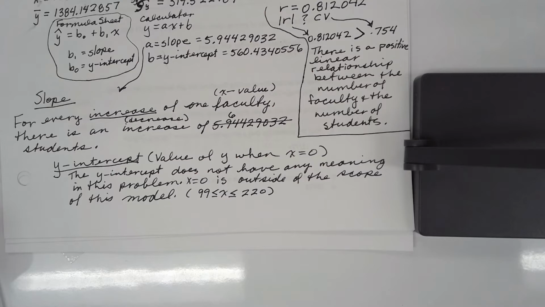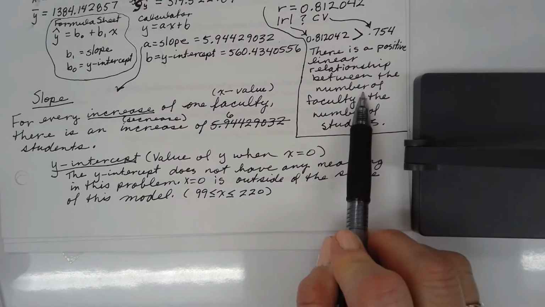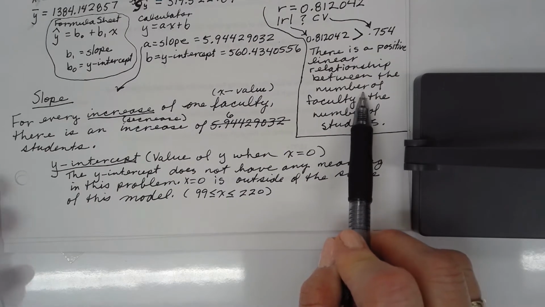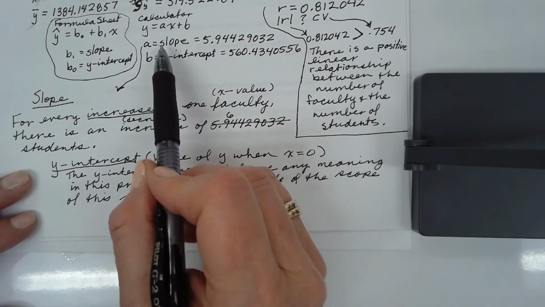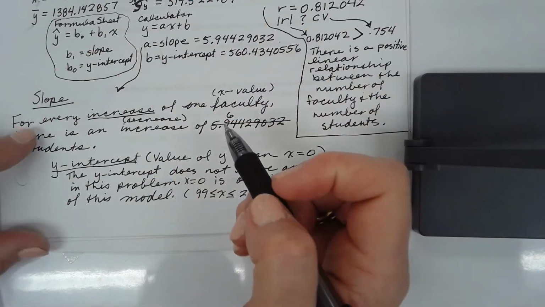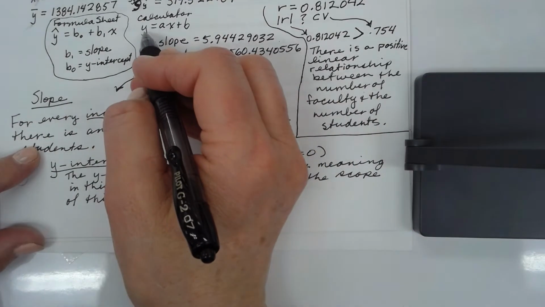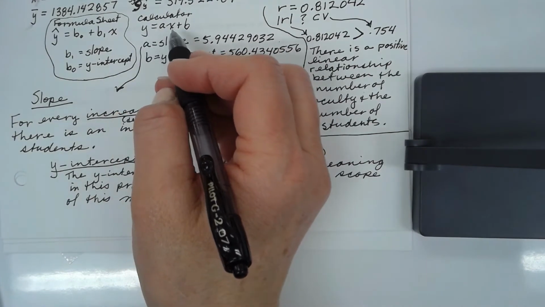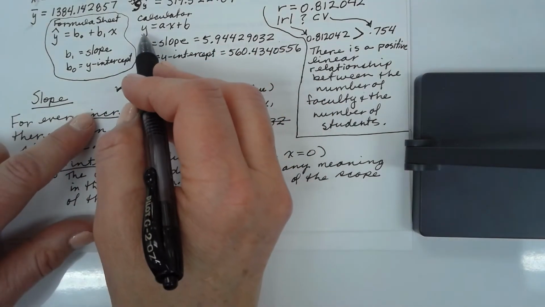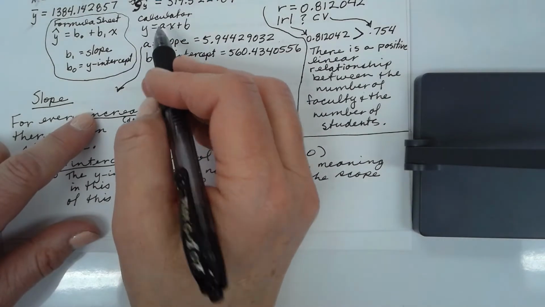All right, so since I said there is a linear relationship, then I can use the formula that I would get with that slope and intercept as a prediction equation. So the formula, it said to find the linear regression equation. So let's go ahead and plug these values into that formula.